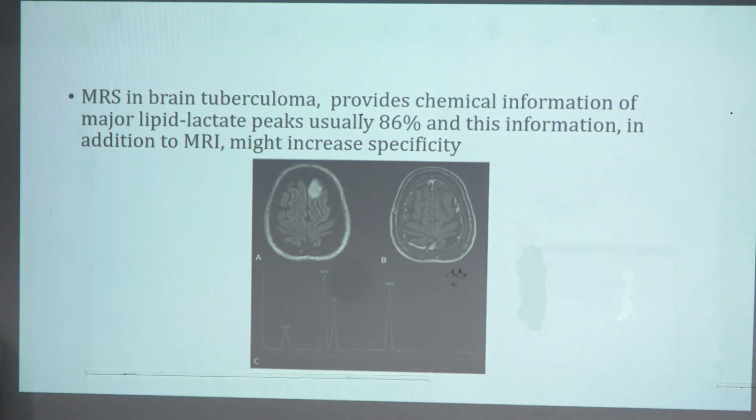So here comes the role of MRS. With spectroscopy, a lot of chemicals are analyzed in the scan, and with lipid lactate peaks, you can still clinch the diagnosis of a tuberculoma, though this is just an addition to the MRI.